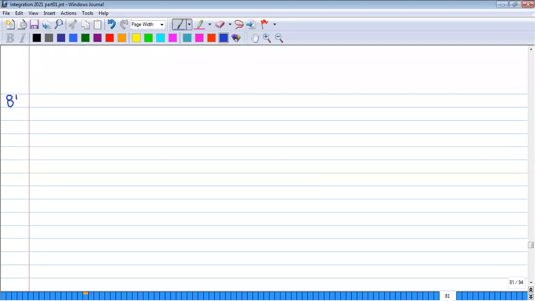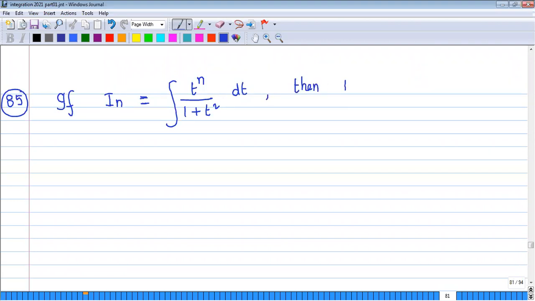Problem 85. If I_n equals the integral of t to the power of n upon 1 plus t square dt, then I6 plus I4 equals?